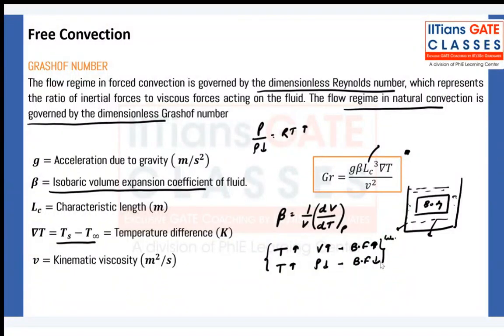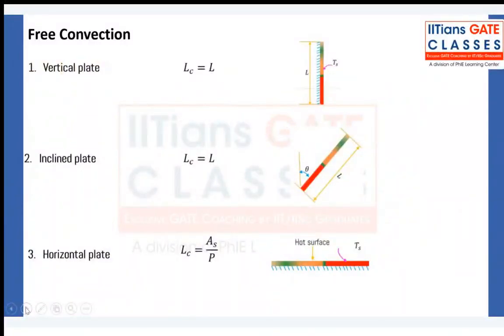Now LC, how do you calculate LC? LC will be surface area upon perimeter. For a vertical plate, LC is equal to L, which is how much length of the plate is submerged in the fluid. For an inclined plate also LC is equal to L. But if it is a horizontal plate, then it is area upon perimeter.